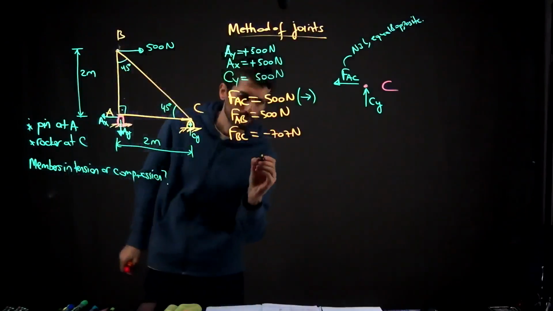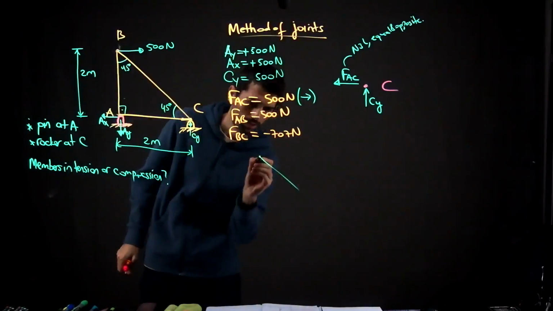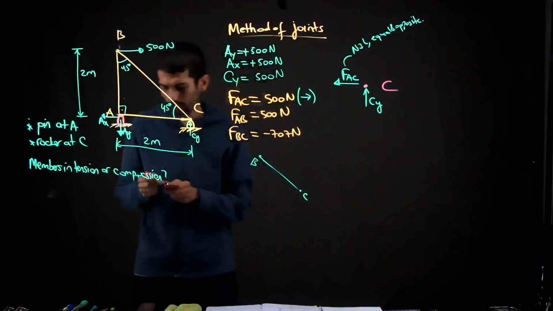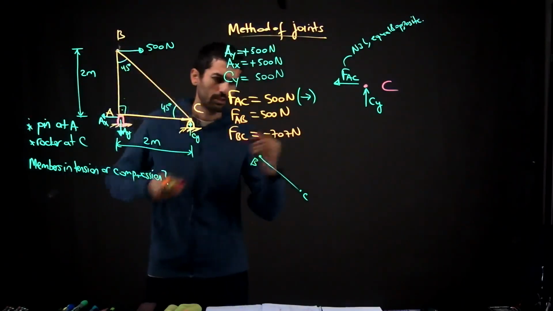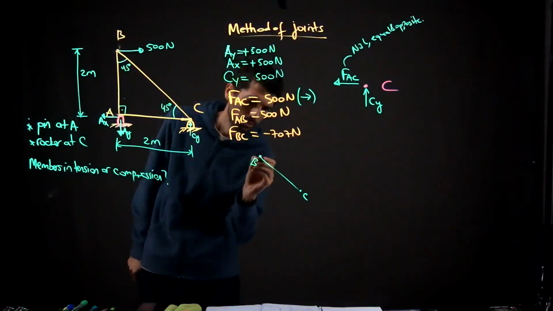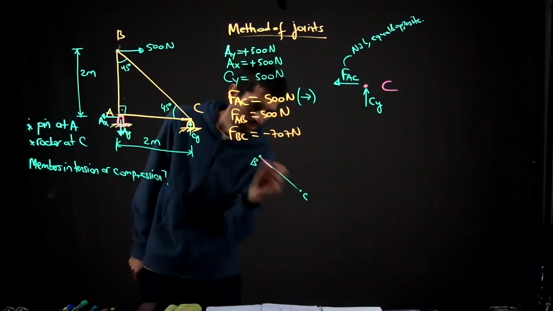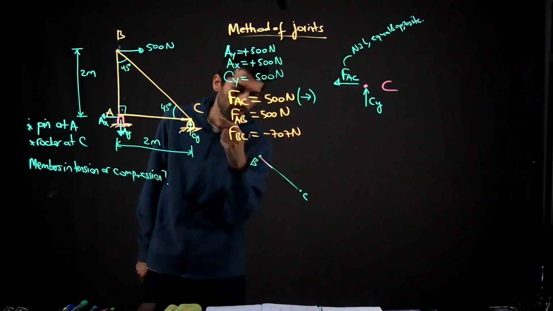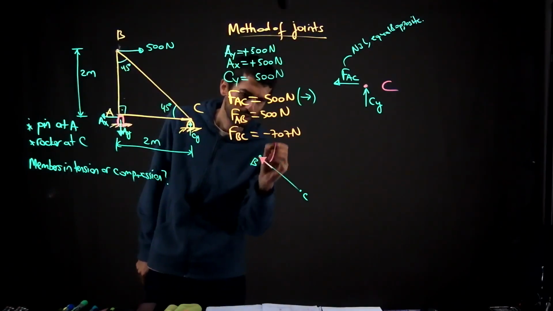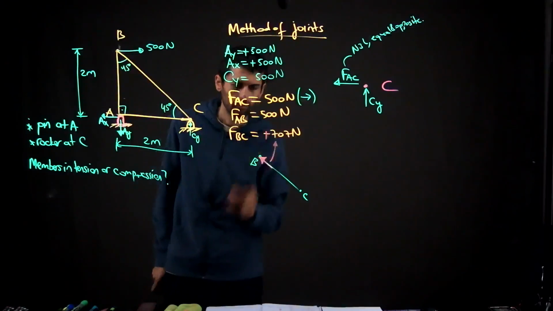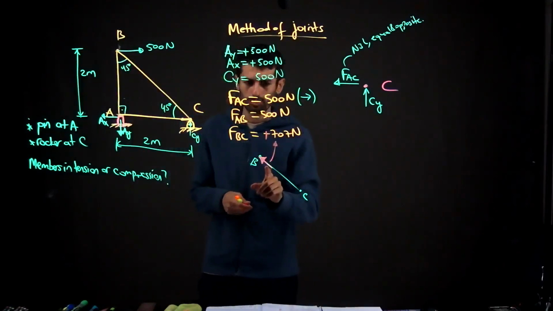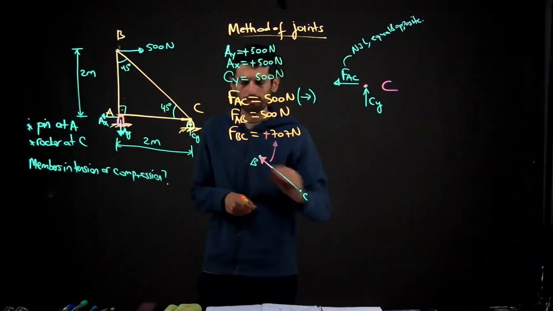So if I just look at member BC, we have found that the force is negative 707 newtons. We were assuming that the force is that way, but the result says that it is negative, so I will just add the correction here. I will add a positive sign here, since I added the correct direction.